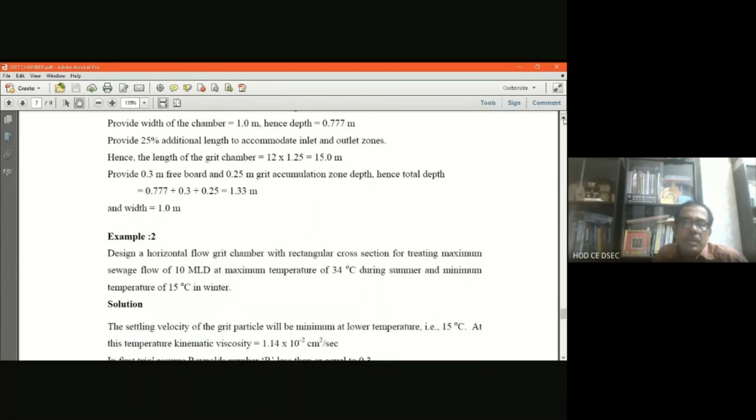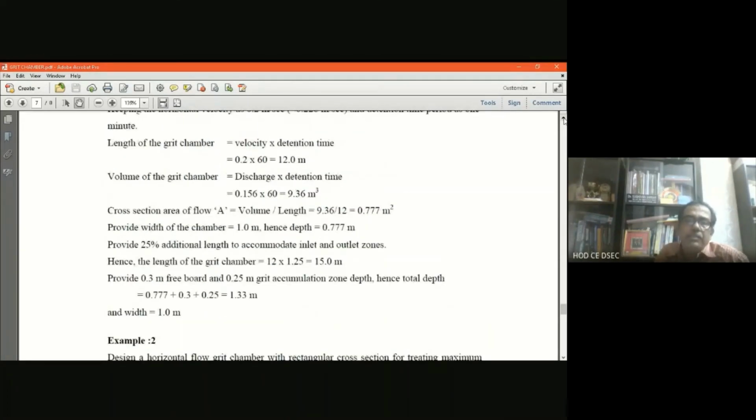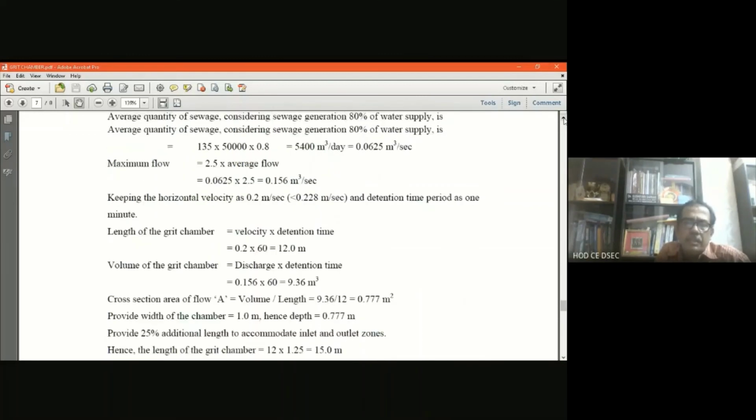We have found out the Vc. We have found out the V0. Then we can find out the ratio V0 by Vc. From the ratio V0 by Vc, L by H we have found out. Now L, we have found out, plus the extra length for the provision of the inlet and outlet. So these are the two different problems I have shown you regarding the grit chamber.